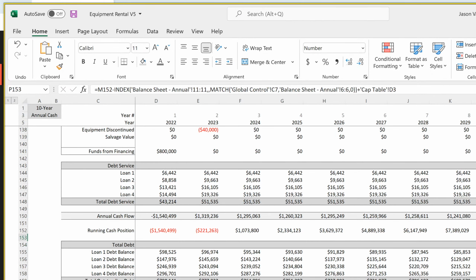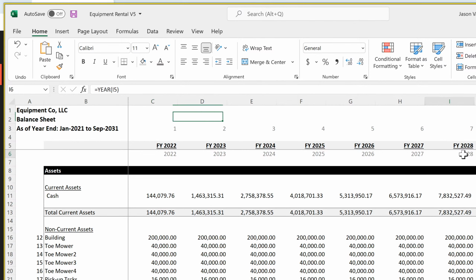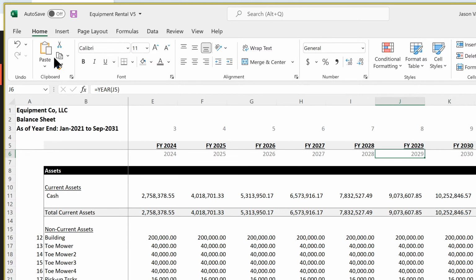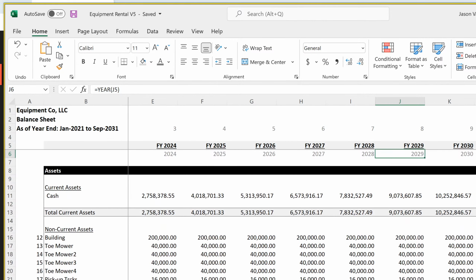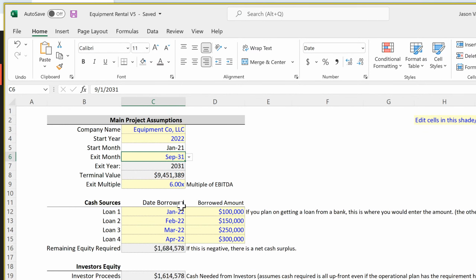Index. Okay, so this is going, wait, oh, I just didn't drag the formula over all the way. So you can see a lot of the issues just balancing the cash flow detail in with the three statement model. Okay, there, now it's balanced.